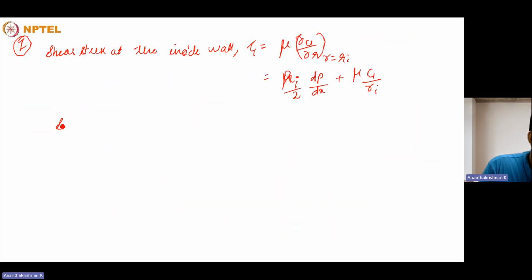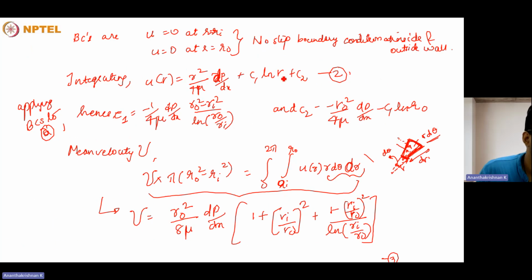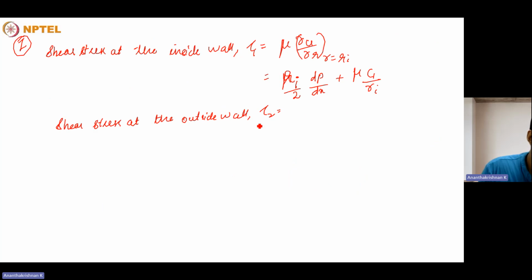Similarly, for the shear stress at the outside wall, you differentiate the velocity equation that you have obtained with respect to r, and substitute r is equal to r outer. Dou u by dou r at r is equal to r outer will give minus of r_o by 2 dp by dx minus of mu C1 divided by r_i.